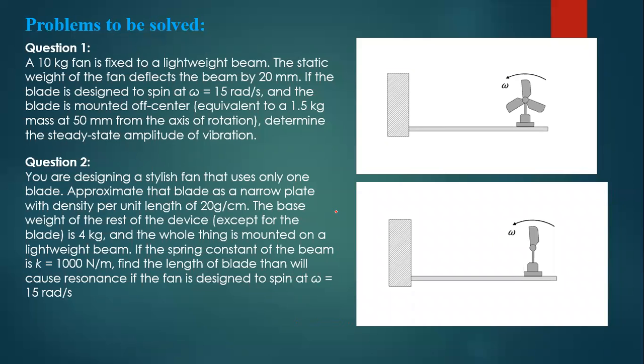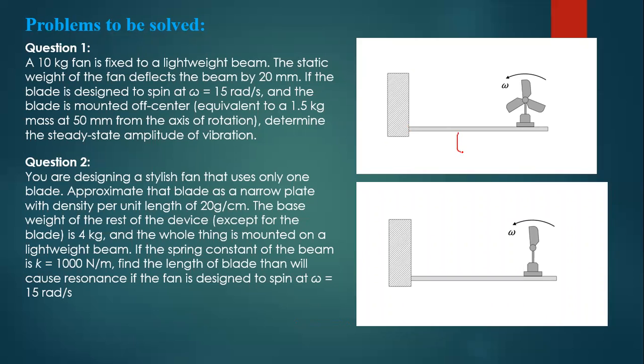What types of problems are related to the previous discussion? For example, we have some system which is fixed on a cantilever. Let me read it. A 10 kilogram fan is fixed on a lightweight beam.